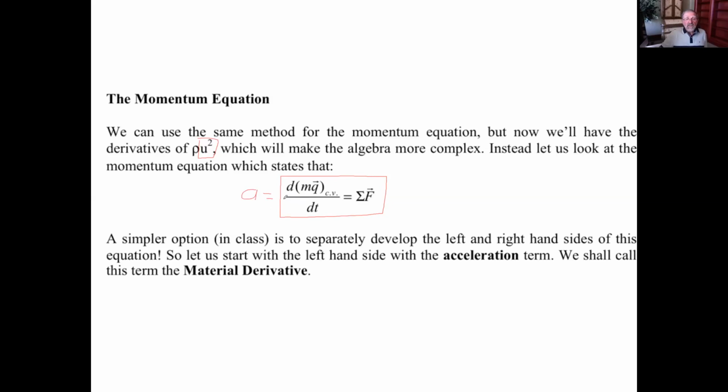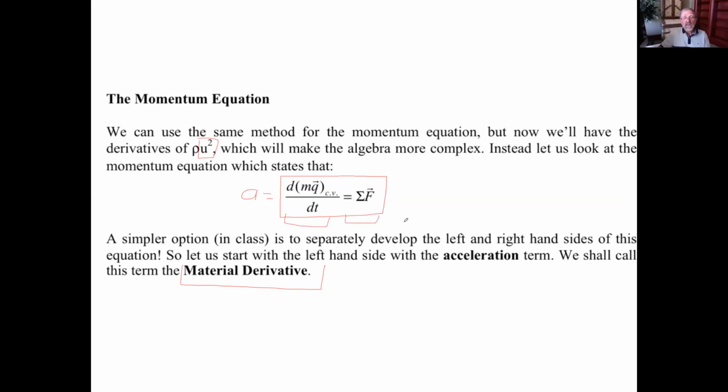If we develop this term, then we end up with a term which is called the material derivative, which is used in other disciplines. I'm not sure if you heard about it or not, but at least you're going to learn about this.